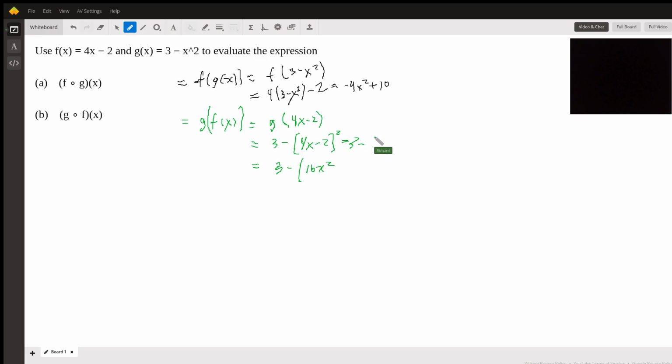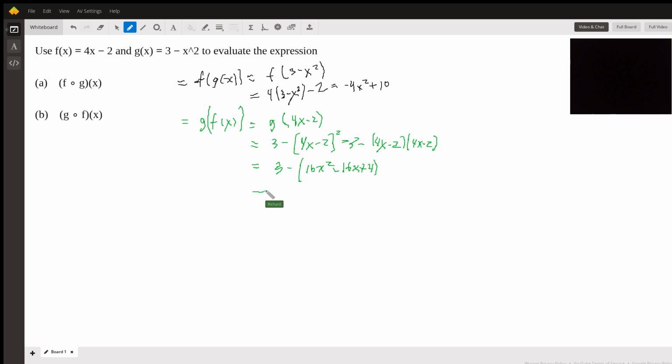It's 3 minus 4x minus 2 times 4x minus 2. It has to be FOILed. So we're going to get 16x squared, then negative 8x, negative 8x is negative 16x, plus 4.